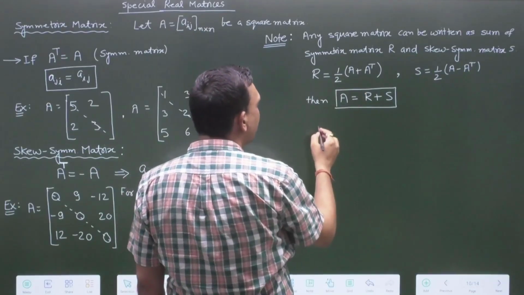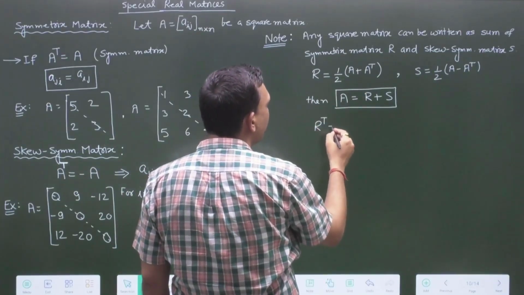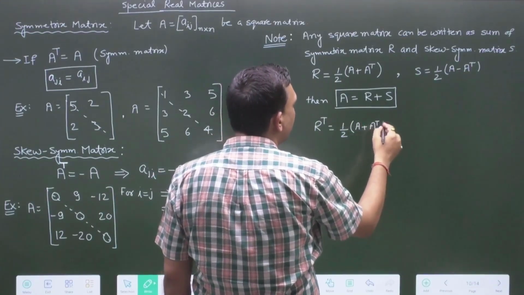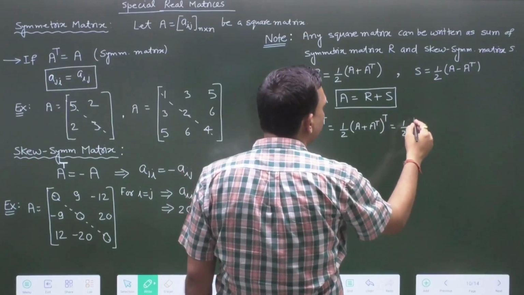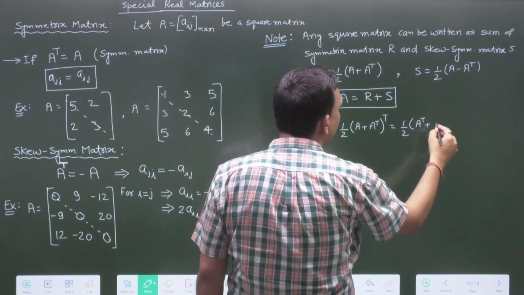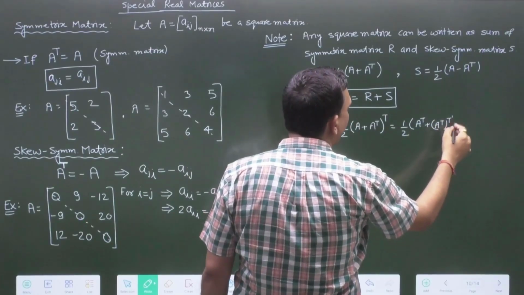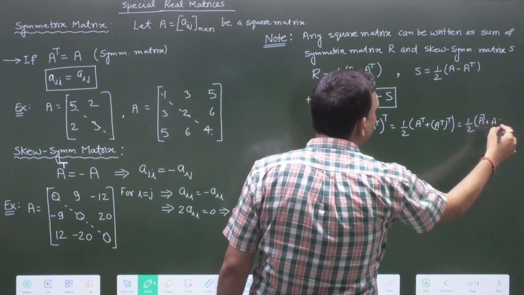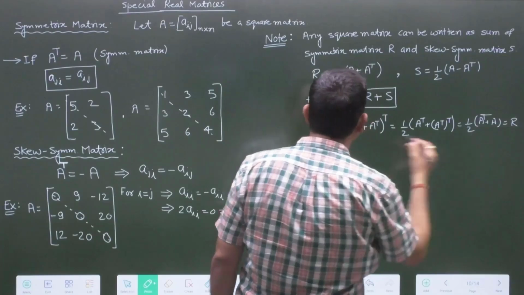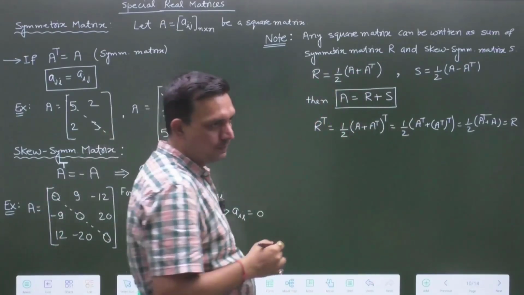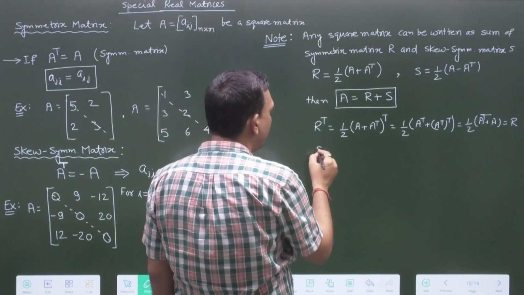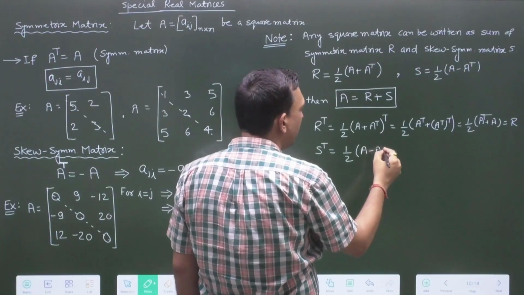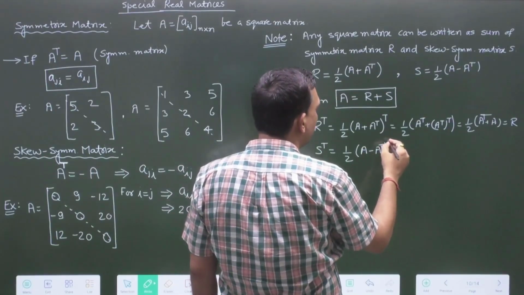Why is R symmetric? Because you can find R transpose, which will be half of A plus A transpose, whole transpose. So this is half of A transpose plus A, and that will be the same, so R transpose is R. And S transpose is half of A minus A transpose, whole transpose.